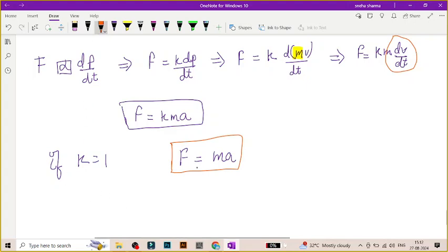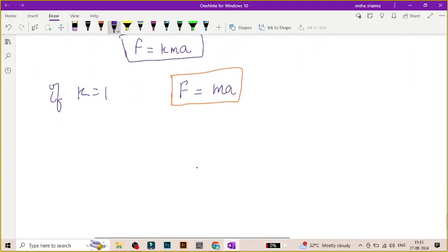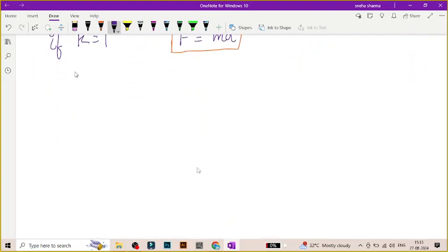Now we will discuss the example later. Now the third law. What does the third law say?